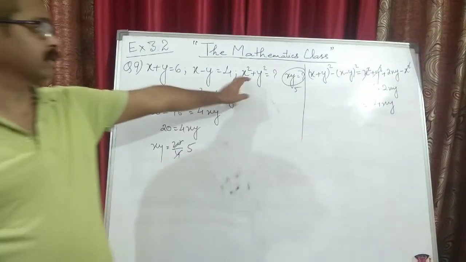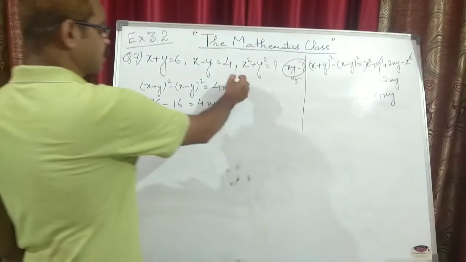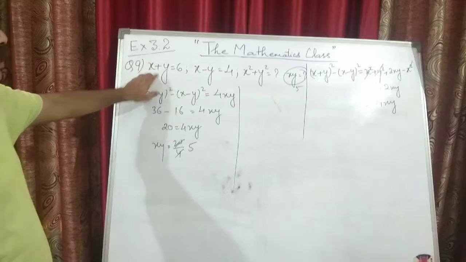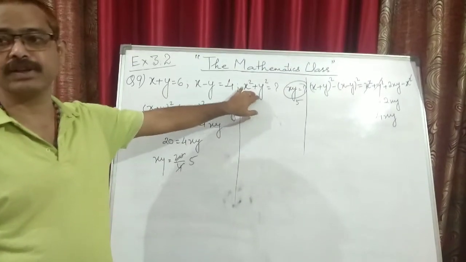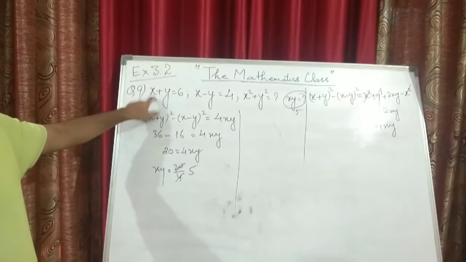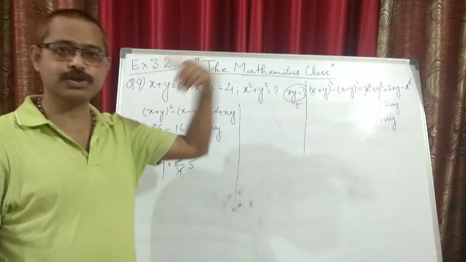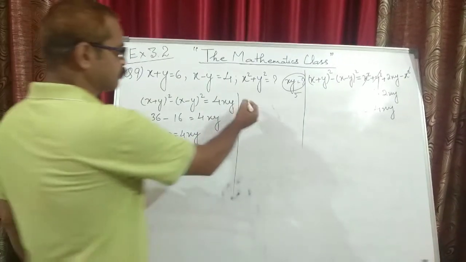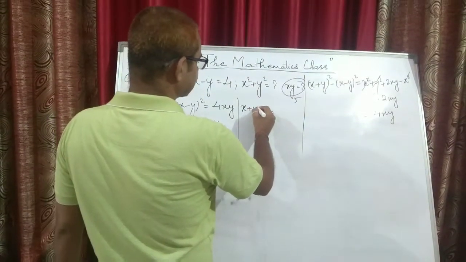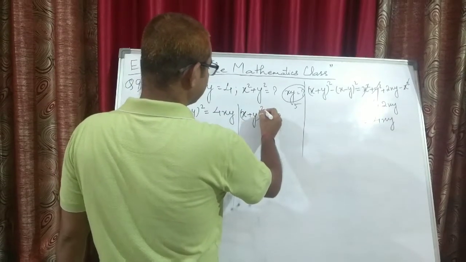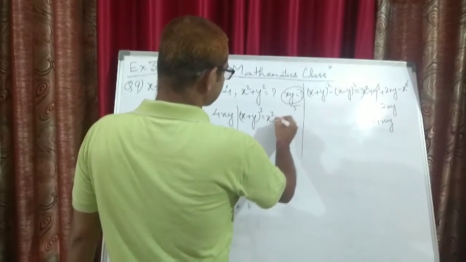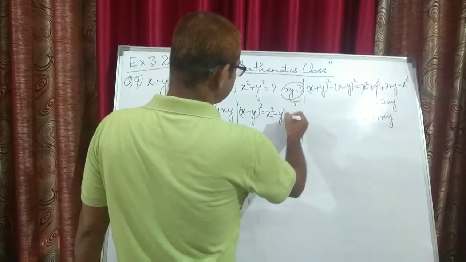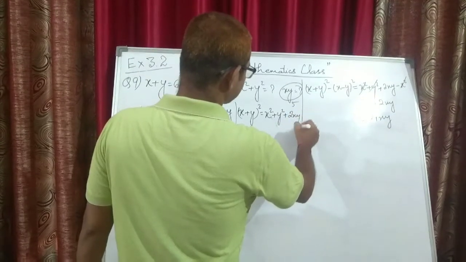Now you need to find out the value of x square plus y square. So now you can use either this formula or this formula to find this, because if you expand this with the square formula, you will get x square plus y square plus 2xy or x square plus y square minus 2xy. So let's put it in any of them. Let's x plus y whole square is equal to x square plus y square plus 2xy.